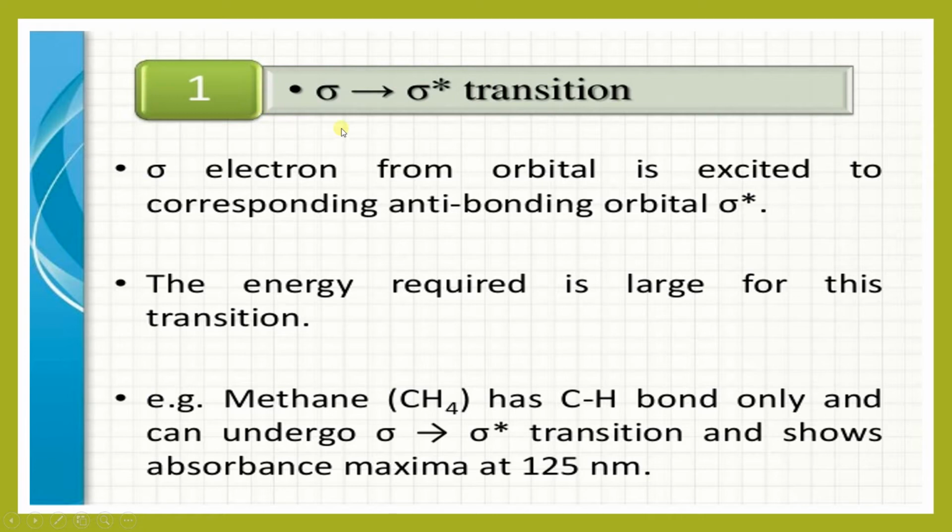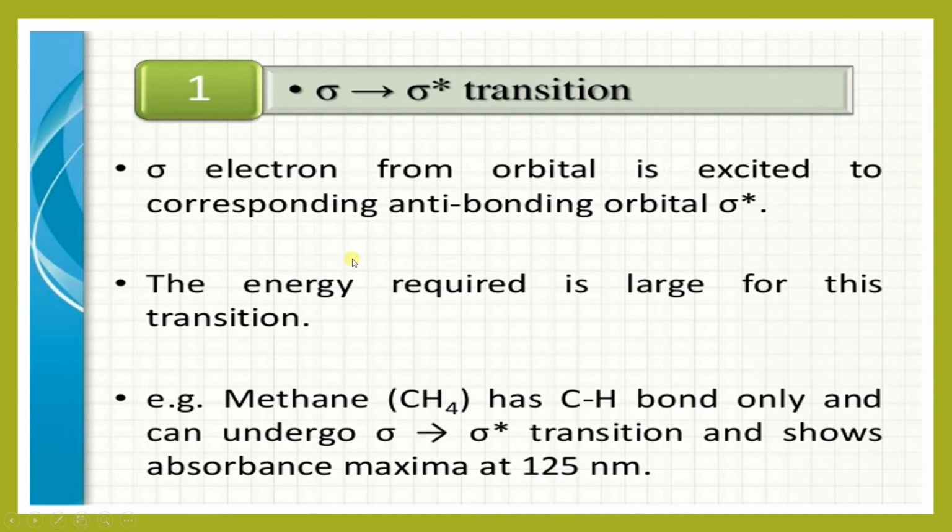First one, sigma to sigma star transition. A sigma electron from the bonding molecular orbital is excited to the corresponding anti-bonding orbital, sigma star, which is called the sigma to sigma star transition. It is a high energy process since sigma bonds are very strong.